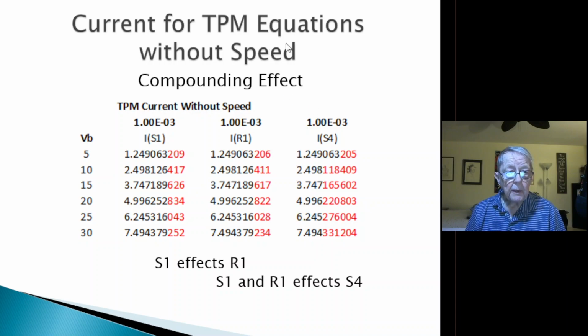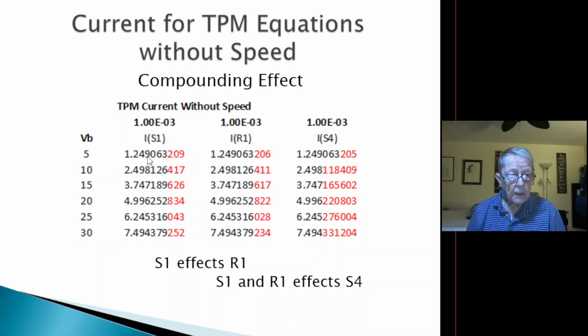Well, without speed, now the TPM model says you get a little bit of loss as you go through S1, and then more loss as you go through R1, and more loss as you go through S4, so you don't expect these to be the same. This is at 5 volts, current through the S1.